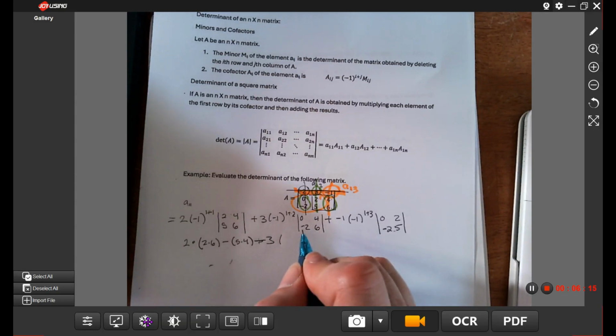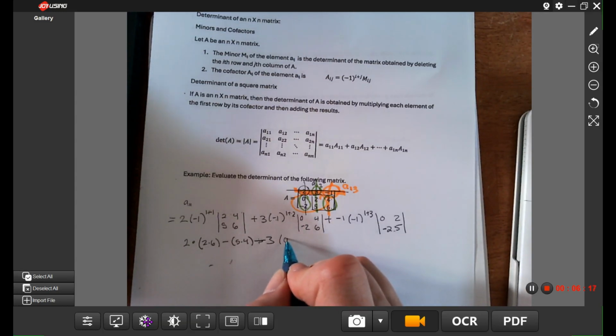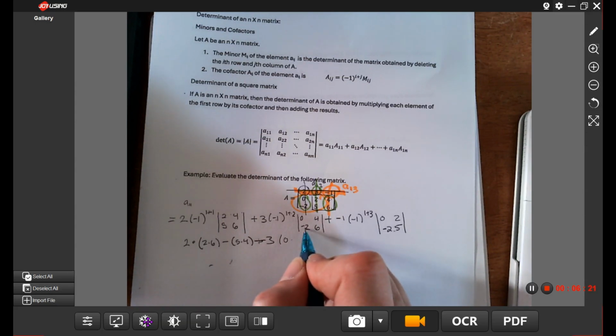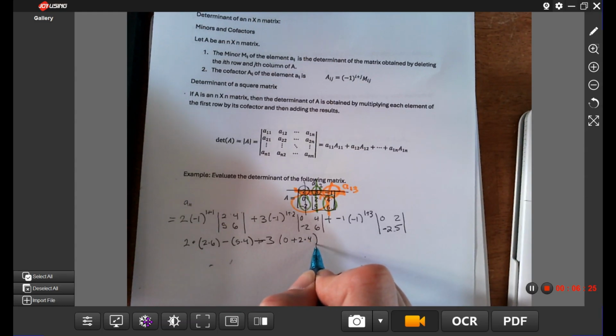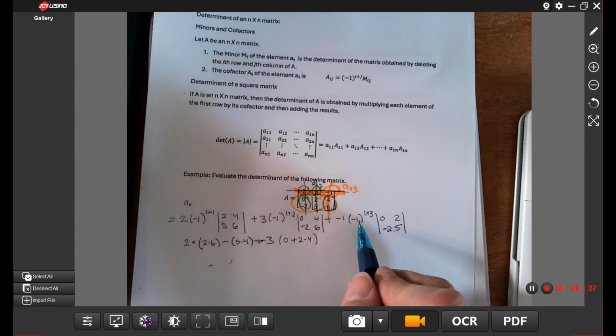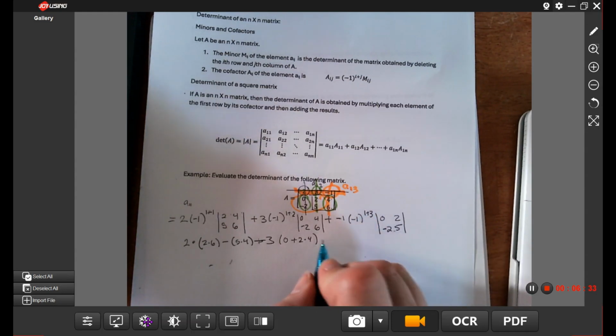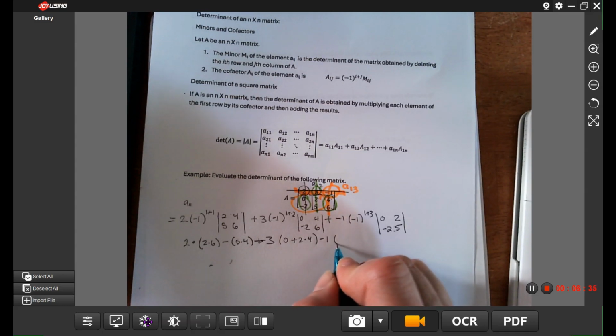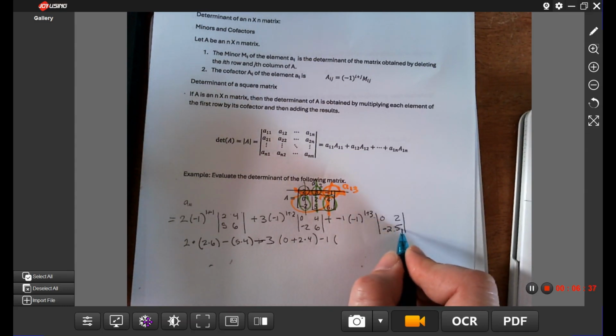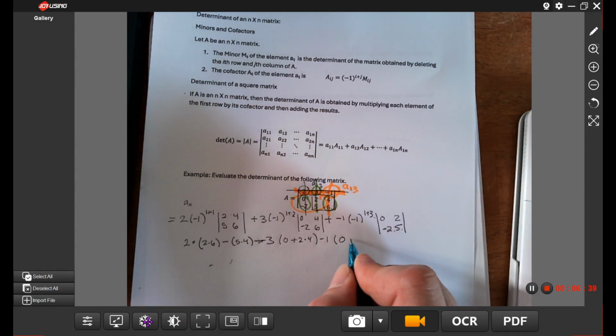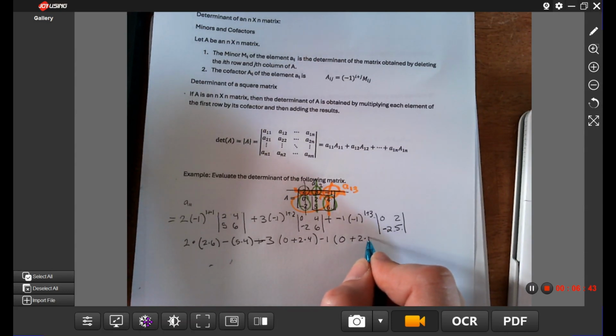And then this determinant is 0 times 6 minus negative, so plus 2 times 4. Right, now moving on to this one. Negative 1 to an even exponent is positive 1, so I have a negative 1 from this. So negative 1 times 0 times 5 is 0, minus negative 2, so plus 2 times 2.